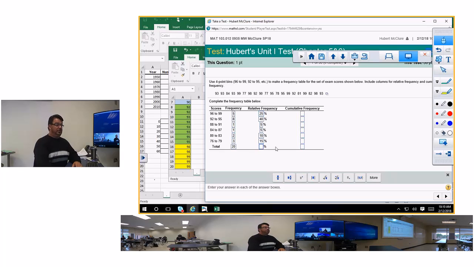Now remember, the cumulative is really worthless. You just go here and you put the number 5, and then the next number would be what? 5 plus 8 is what? I have no idea. 13? 14, 15, and 17, and 20. And then you put 20 down here, I think. No, you add them all up.